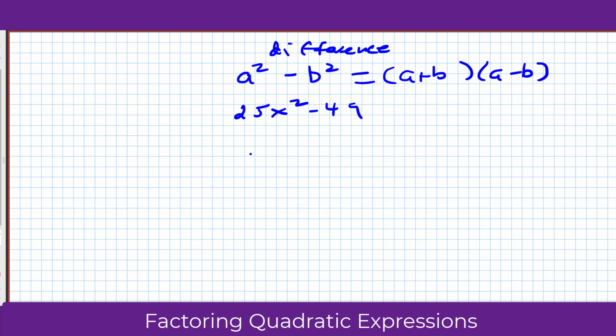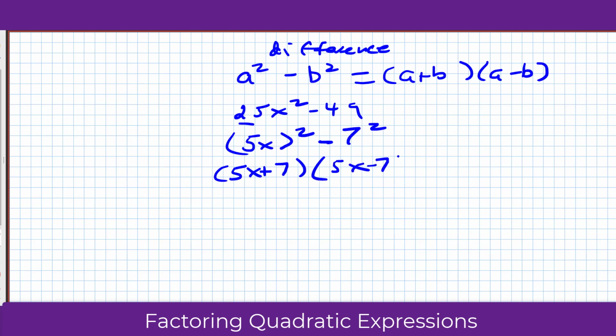We've got 5x squared, right? That gets us 5x squared minus 7 squared. So that gets us 5x plus 7 and 5x minus 7. That's the difference of those two squares.